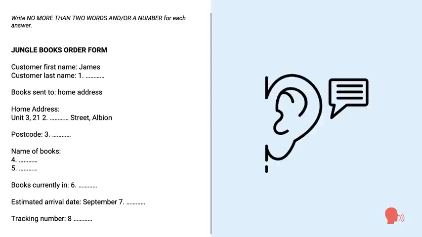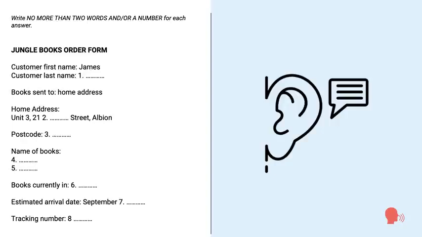Yes, it's Murray. E-Y? A-Y. Thank you. And did you have the book sent to a post box or to your home address? My home address. And what's your home address? It's Unit 3, 21 Adams Street, Albion. Is that A-D-A-M? Yes, but with an S. Adams. And you said that's in Albion.